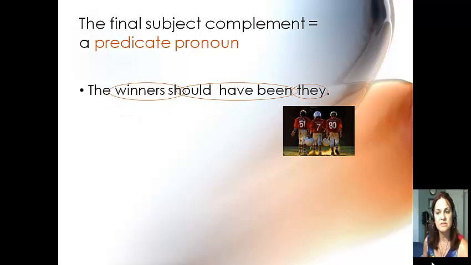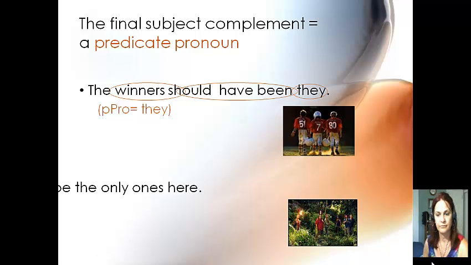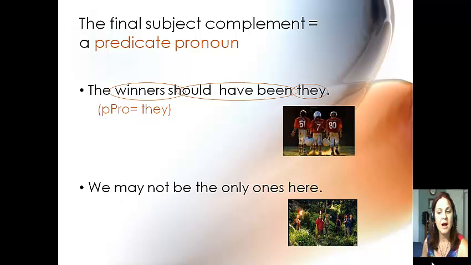So the winners should have been they. Okay, so notice my linking verb is should have been. My subject is winners. My pronoun is they. So my predicate pronoun, linking winners to they, would be they. So, second example. We may not be the only ones here.